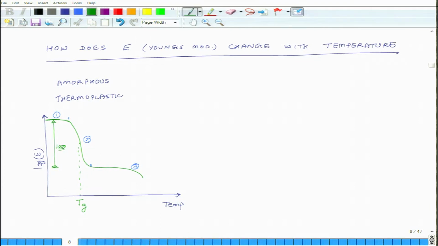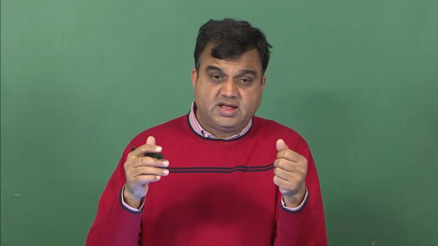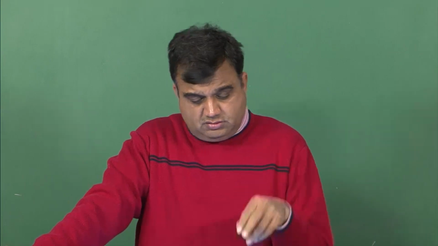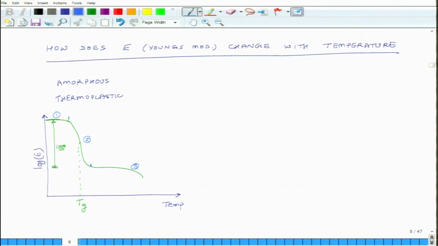In zone 1, the plastic behaves as a piece of glass. It has high viscosity and does not flow easily, like glass material is considered to be some sort of a plastic. It is not a metallic thing, and it is considered to have very high viscosity. Okay. So, below the glass transition temperature, this material has a glassy type of behavior.